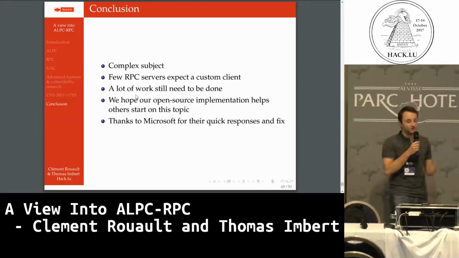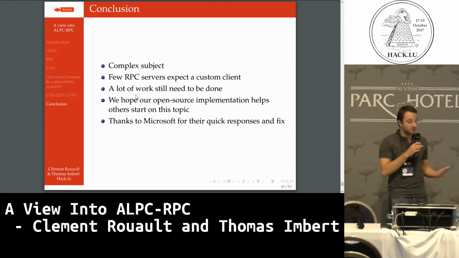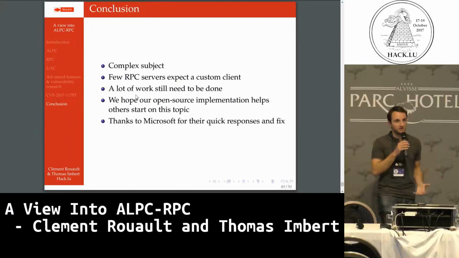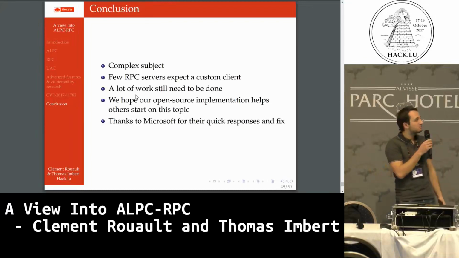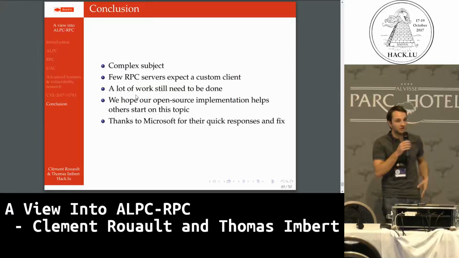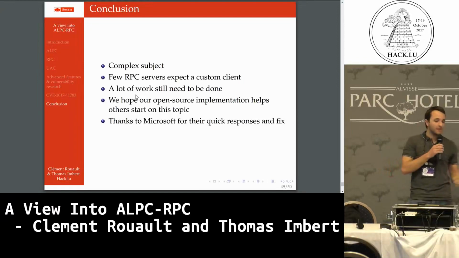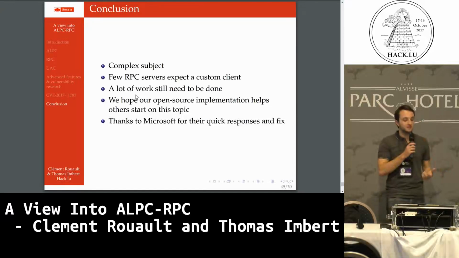But to conclude, what we want to say about this subject, ALPC and RPC, is that it's a complex subject. We have maybe three months of work on it, and a lot of the work was just looking at dump files and binary dumps and trying to guess what this byte is, what this word is. But there is really an interest because few RPC servers expect a custom client.